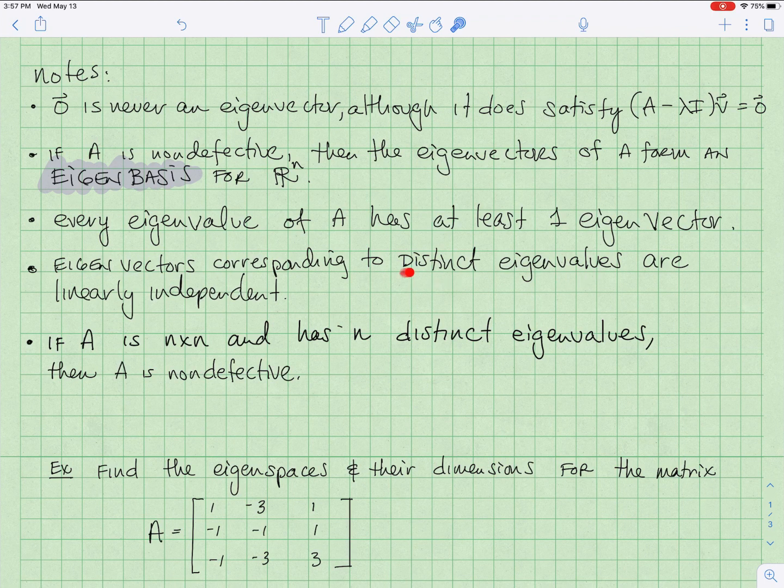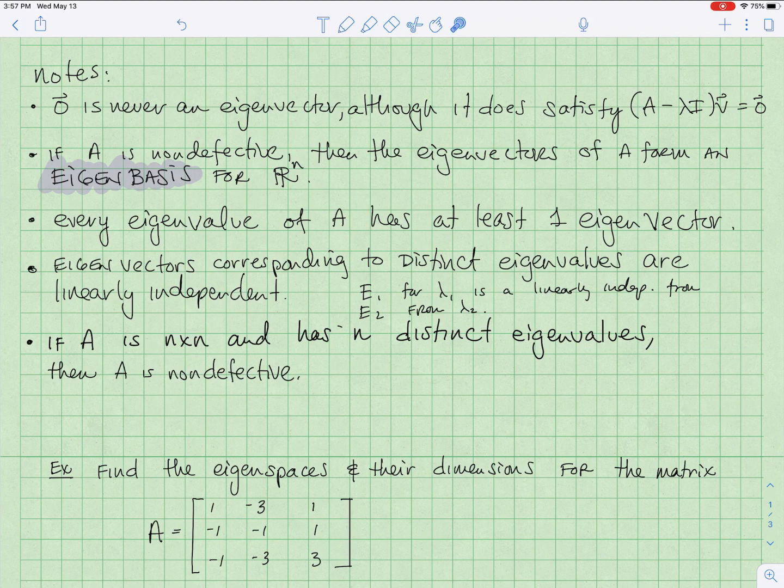Meaning if you have 2 different eigenvalues, then the vectors corresponding to those 2 collections are linearly independent as a group. So what does that mean? It means that eigenspace 1 for lambda 1 is linearly independent from eigenspace 2 from lambda 2.